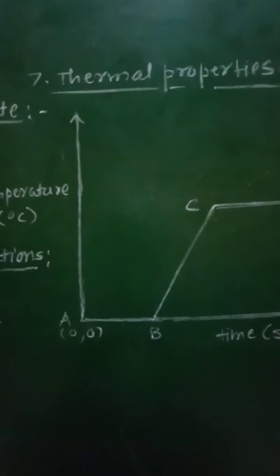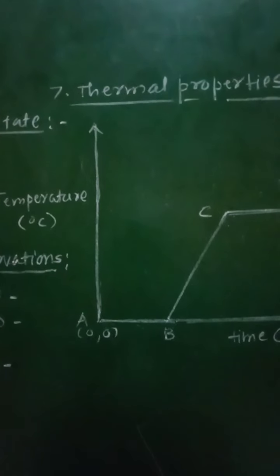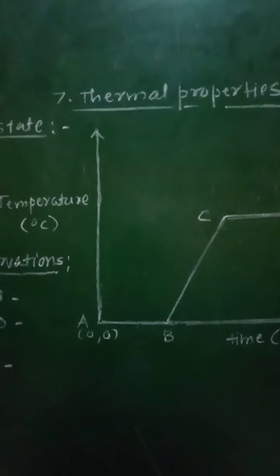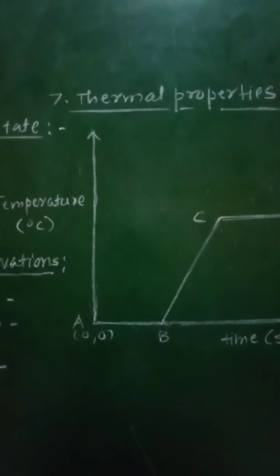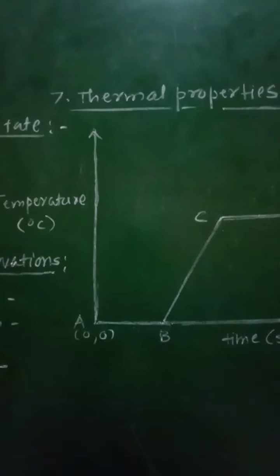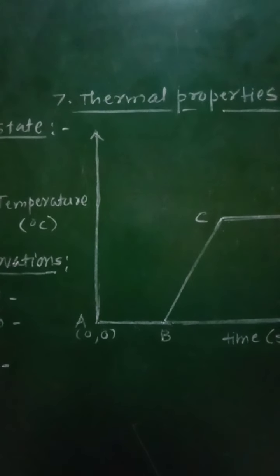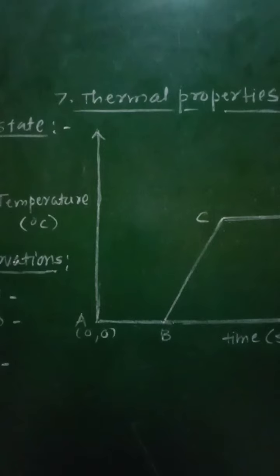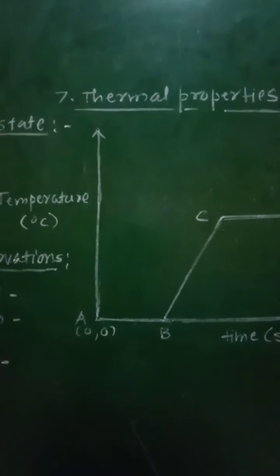Then the fifth point. At one standard atmospheric pressure, the freezing point of water and the melting point of ice are 0 degrees Celsius or 32 degrees Fahrenheit.